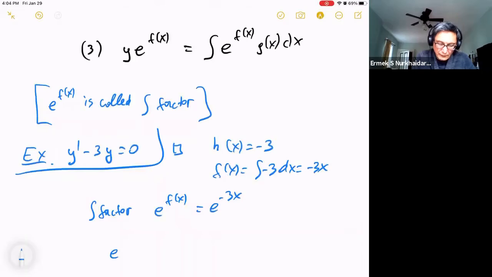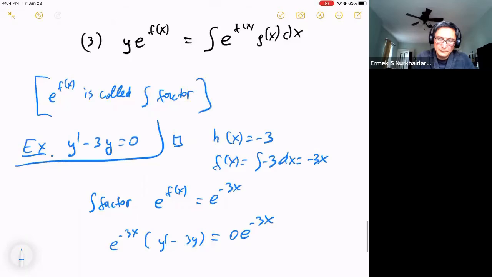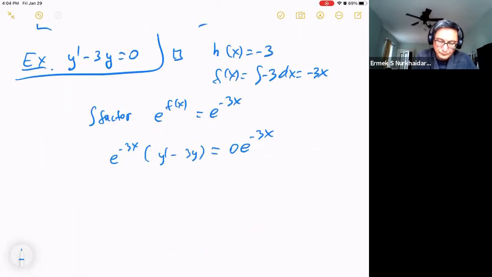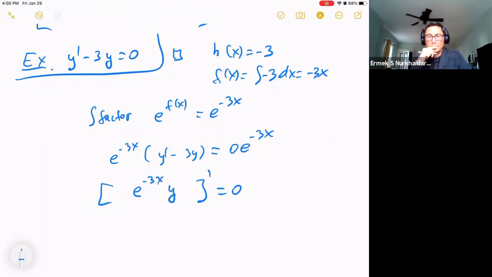So e to the -3x times y prime minus 3y equals 0 times e to the -3x. We can check that the derivative of the left side is supposed to be the derivative of e to the -3x times y.